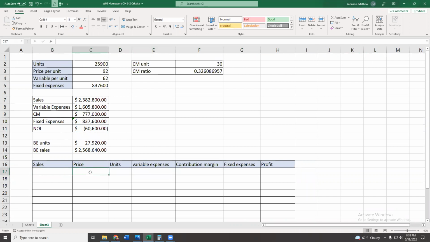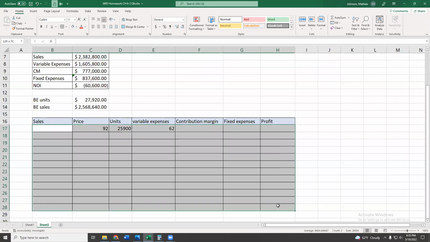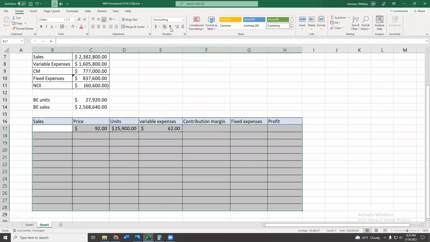We know the price per unit is 92, the units are 25,900, and then the variable expense per unit. All of this is in dollars.